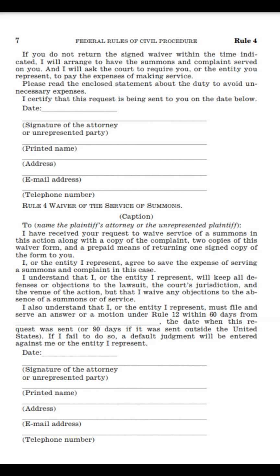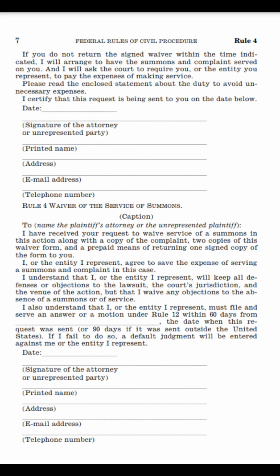I understand that I, or the entity I represent, will keep all defenses or objections to the lawsuit, the court's jurisdiction, and the venue of the action, but that I waive any objections to the absence of a summons or of service. I also understand that I, or the entity I represent, must file and serve an answer or a motion under Rule 12 within 60 days from the date when this request was sent, or 90 days if it was sent outside the United States. If I fail to do so, a default judgment will be entered against me or the entity I represent.